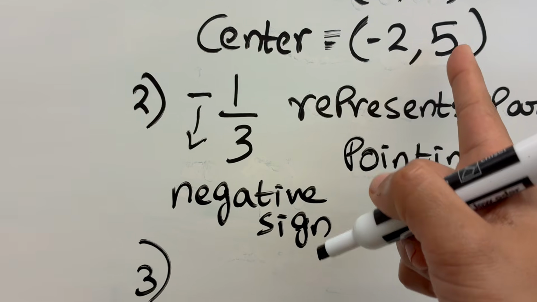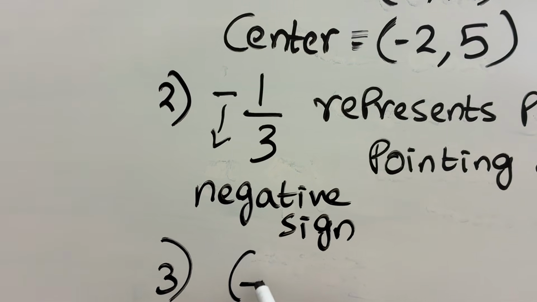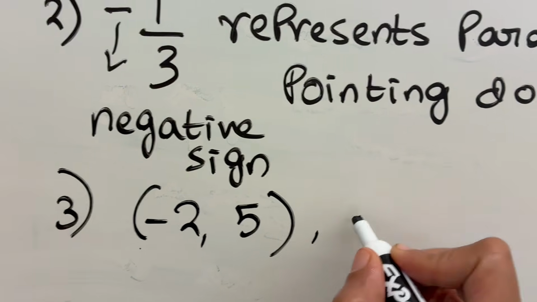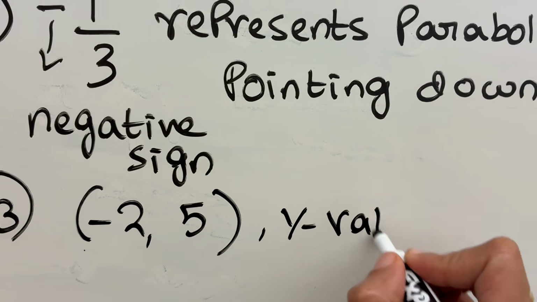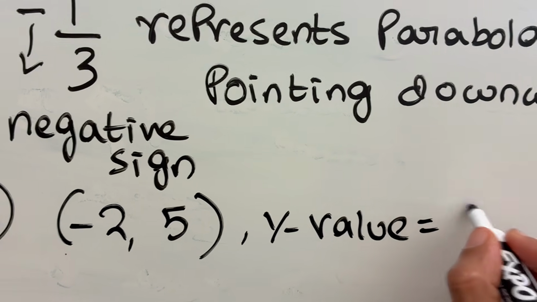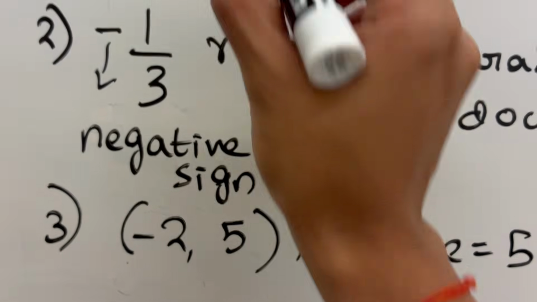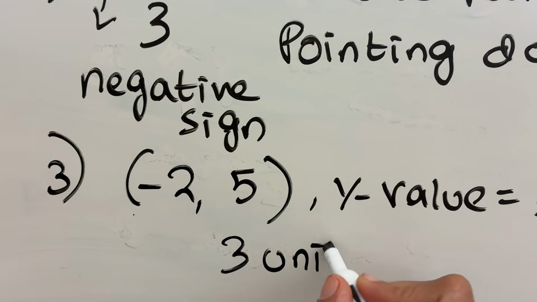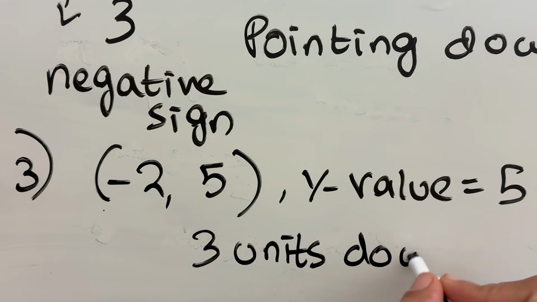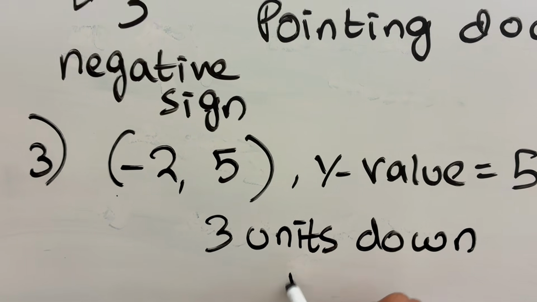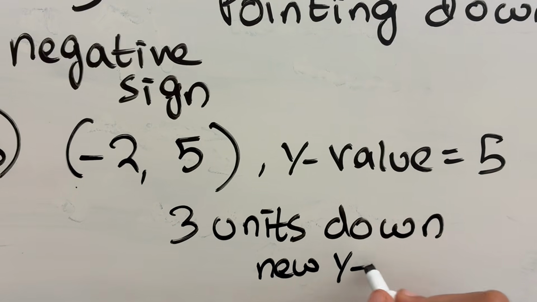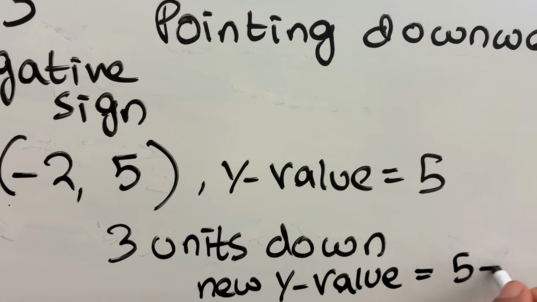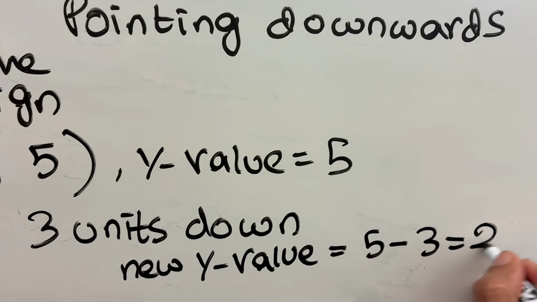So my current y value, let me write down the center here, from here my current y value is 5. So it is moving 3 units down, new y value would be 5 minus 3, which is 2.